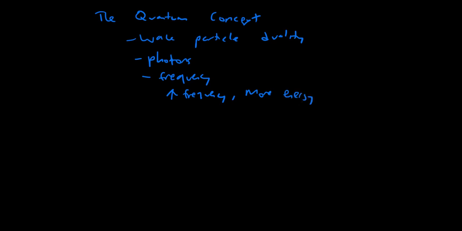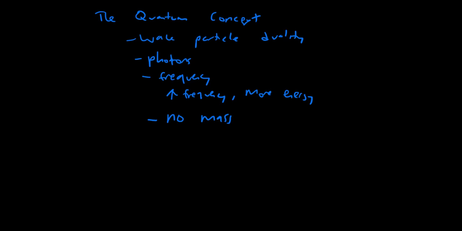And so, since the photons have more energy, that means that if there's a higher frequency, then the wave has a higher energy. Also, photons have no mass, and they are the smallest pieces or quanta of light. And so you can't divide a photon.